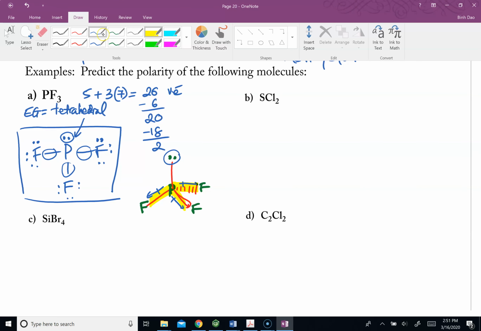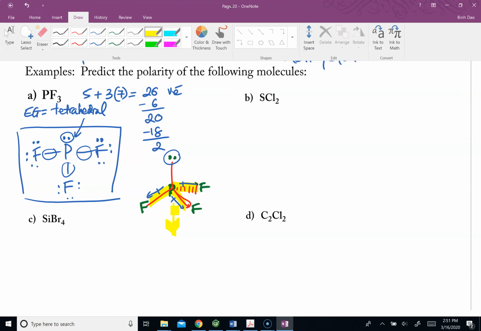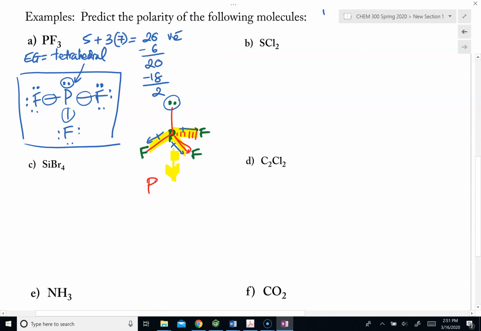So therefore, there will be a net dipole moment, and the net dipole moment will be pointed down. So there is a net dipole moment, thus this molecule is polar. Its molecular polarity will be called polar. So again, please see the importance of the lone pair of electrons on the central atom, and how it can affect the molecular polarity of the molecule overall.